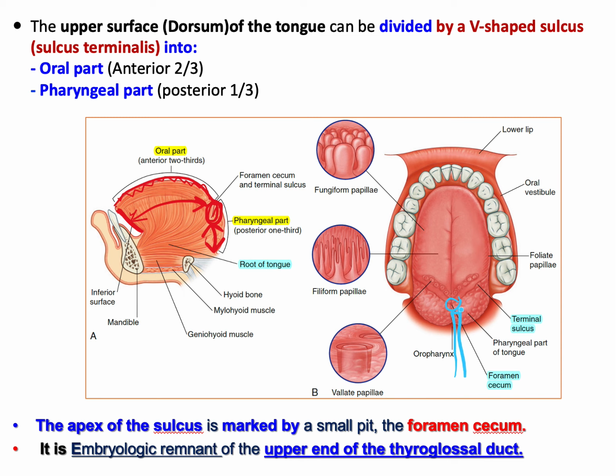This is the duct and this is the opening of it, but after a while it's obliterated and closed, but we still have a remnant small pit that indicates an old foramen was there. You will learn more about the thyroglossal duct in embryology.